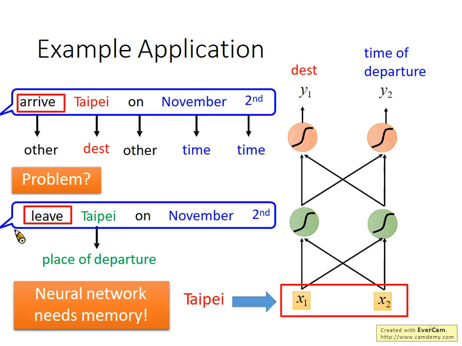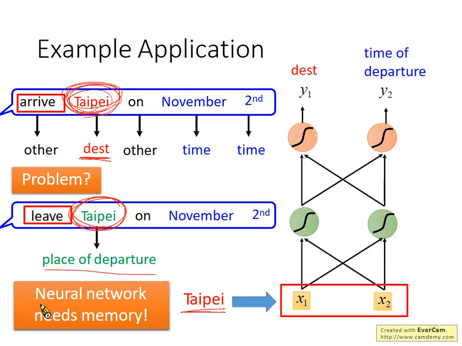But another user may say, I would like to leave Taipei on November 2nd. If we just transform an individual word into a vector, this is the same word Taipei. However, the word Taipei in the first sentence means the destination. The word Taipei in the second sentence means the place of departure.